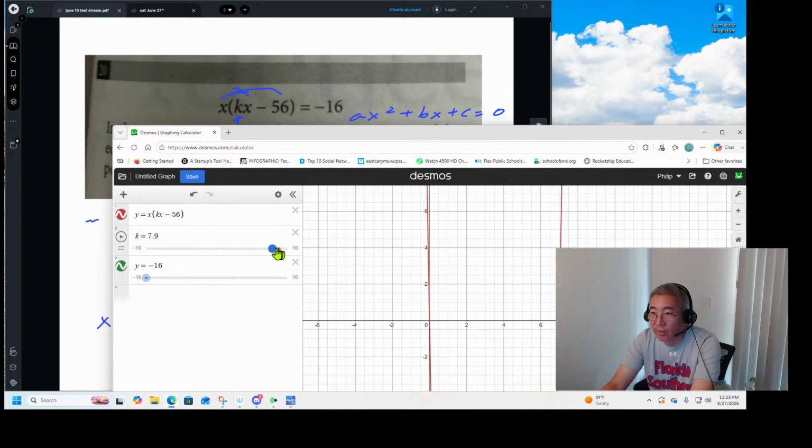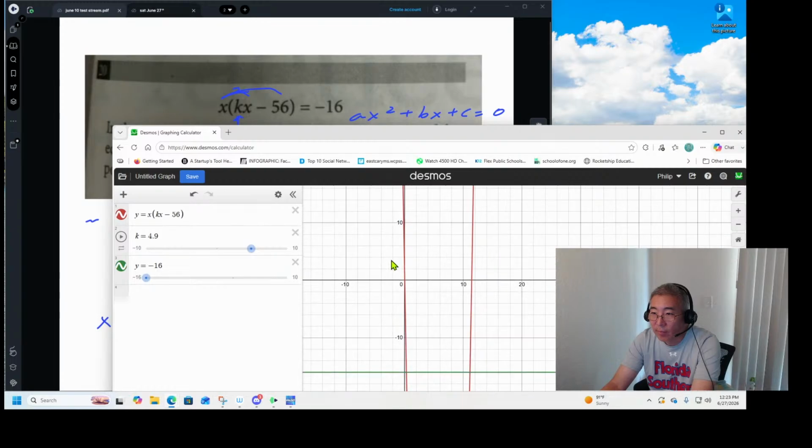Let's see, oh, there's the other side of the parabola there. Okay, so it's a parabola. Can't really see it. And then the right side is this horizontal green line.